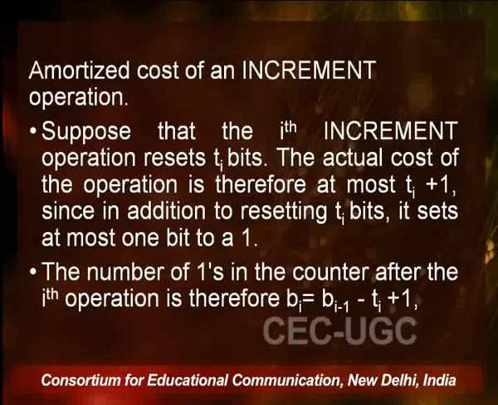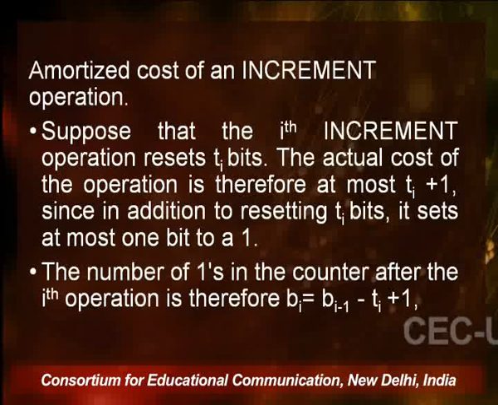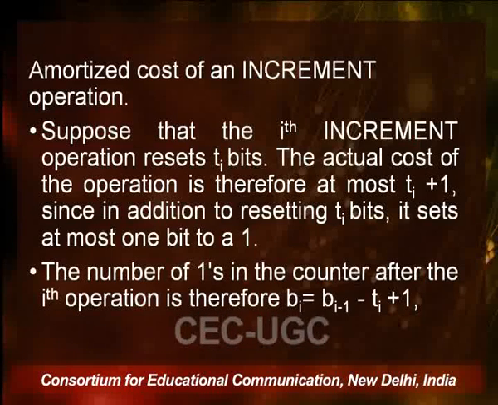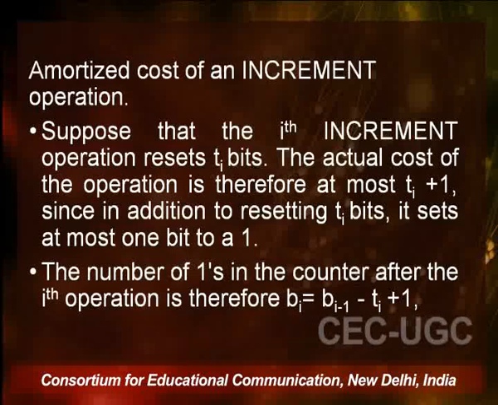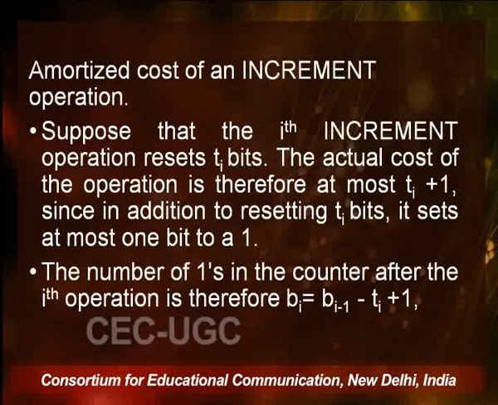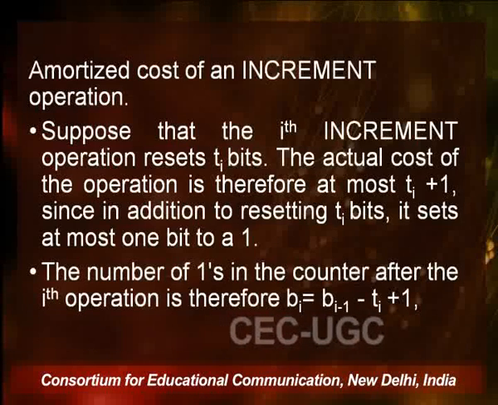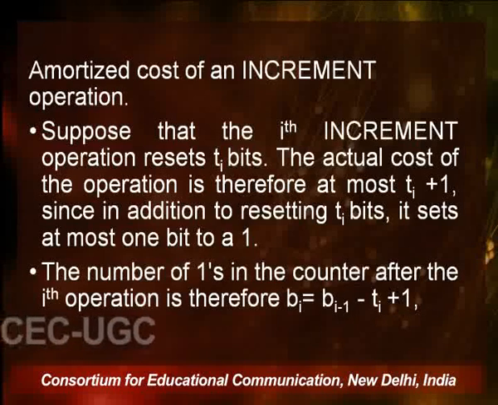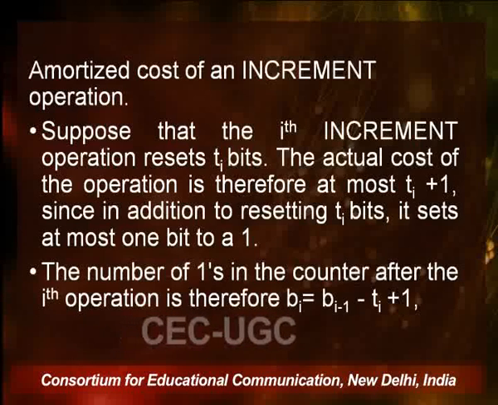So, after the i minus 1th operation and before the ith operation, the number of ones in the counter is Bi minus 1, and within the ith operation, the change in the number of ones is that the ith operation resets Ti bits.